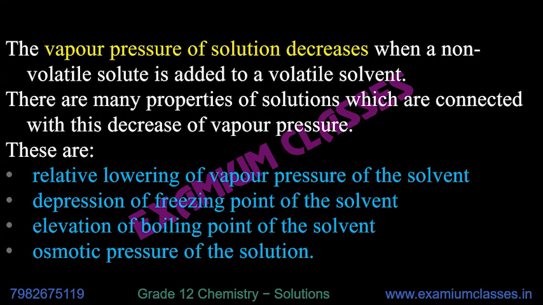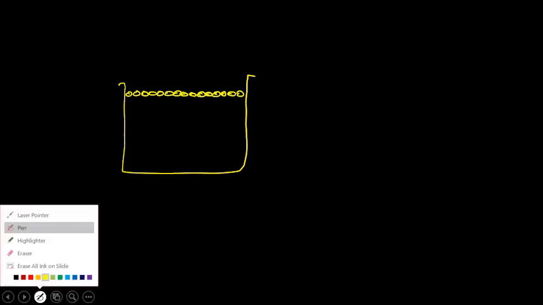Okay. So the vapor pressure of solution decreases when a non-volatile solute is added to a volatile solvent. This is something I talked about in previous class, that if non-volatile solute is added, earlier say there are only water molecules on the surface. And if you add some non-volatile solute, so there will be some molecules here of that solute also, and these will not get vaporized.